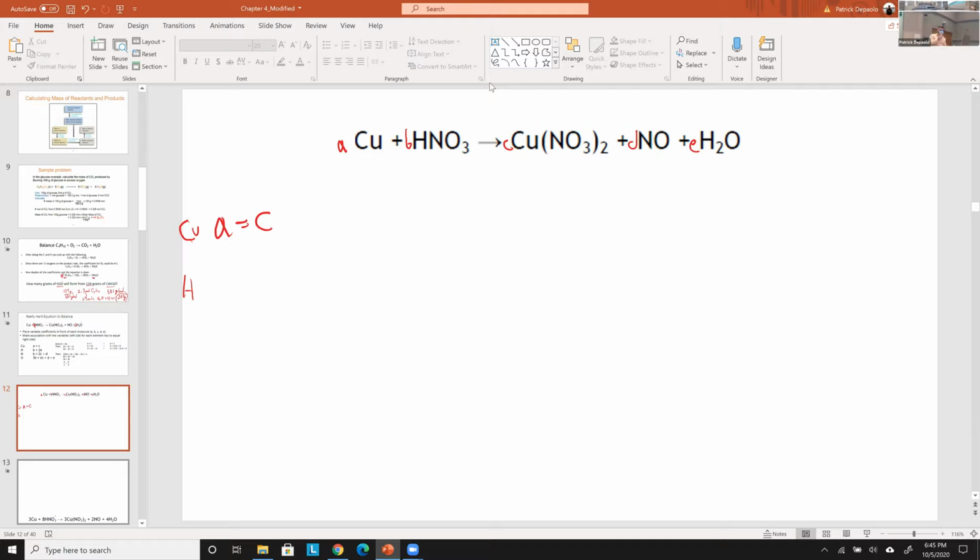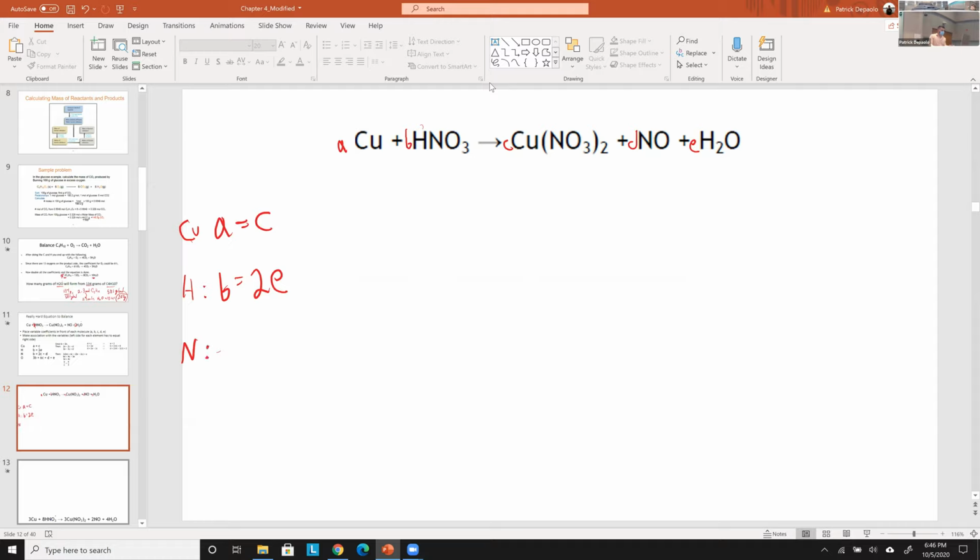This means that whatever B is, in order for this to be balanced, has to be twice as large as E, because that's the only way for the coefficient of 1 hydrogen to equal the total amount of the coefficient of 2 hydrogens, if B was double the amount. So the equation would look like B equals 2E. That make sense?